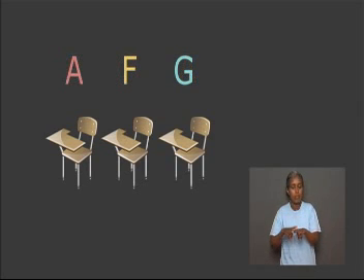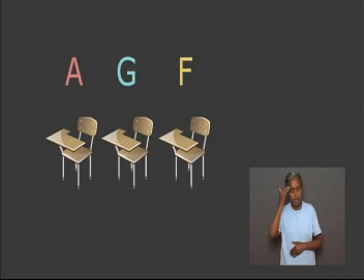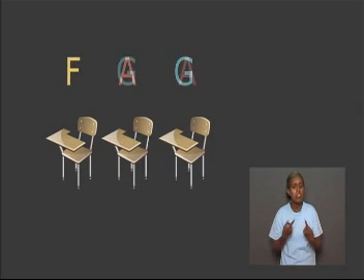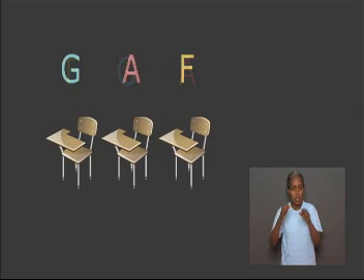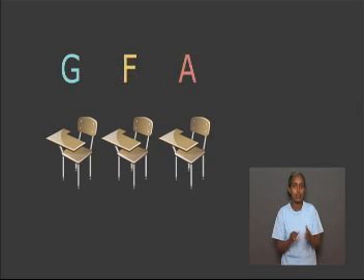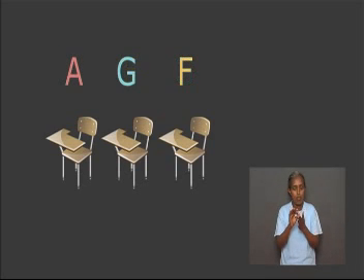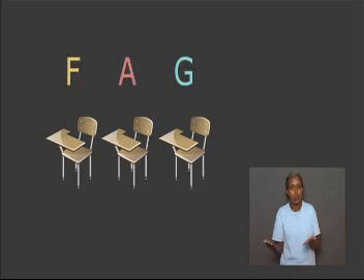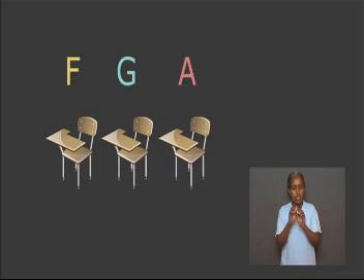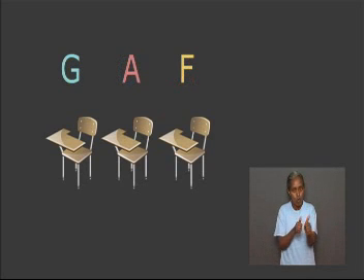They keep changing their minds until they have tried every possible permutation. Permutation is the number of arrangements of objects with attention given to the order of arrangement.